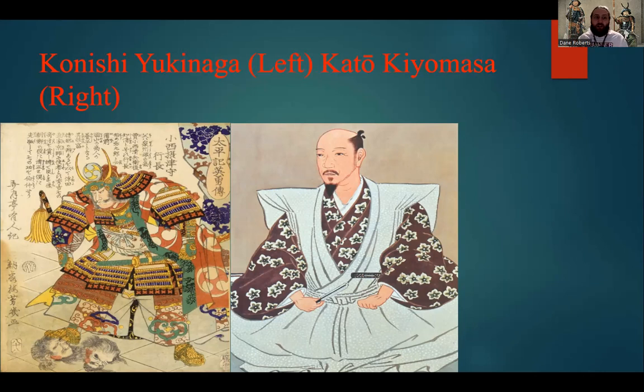And so throughout his military and political career, his two best and most trusted generals, Konishi Yukinaga and Kato Kiyomasa, also came from humble beginnings. Kato Kiyomasa being the son of a small provincial lord, and Konishi Yukinaga being the son of a merchant.